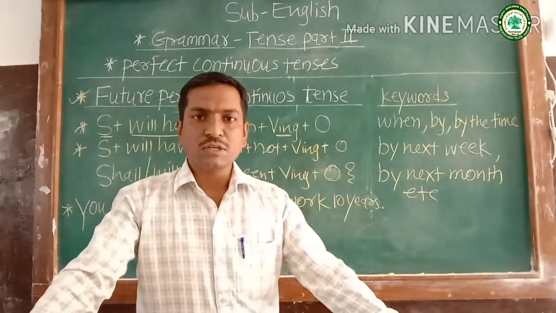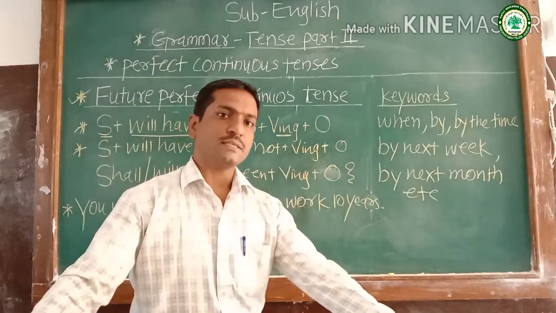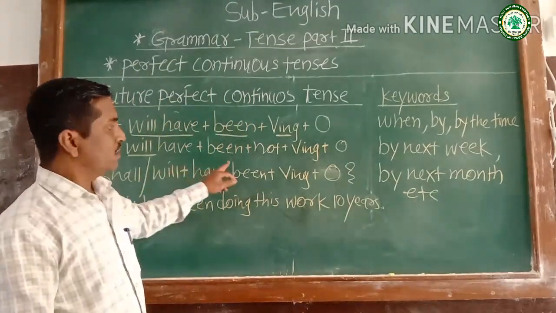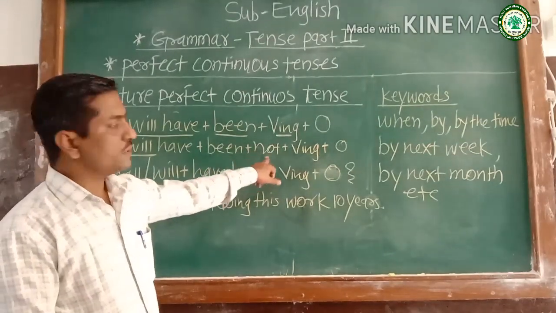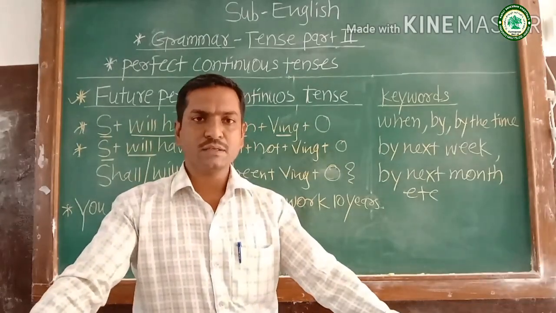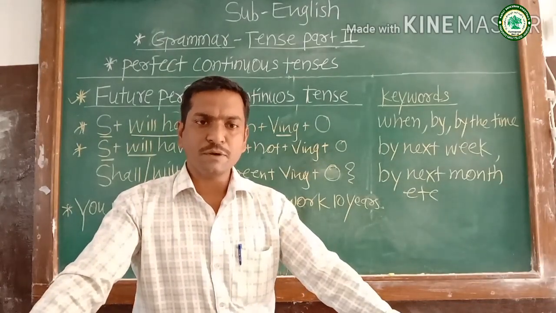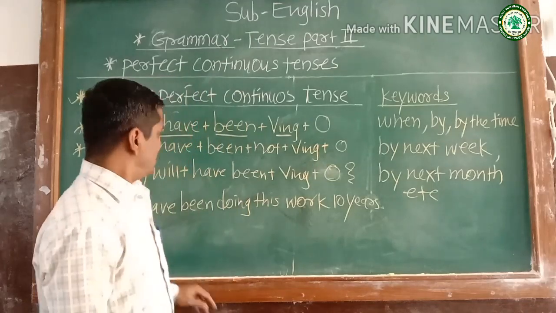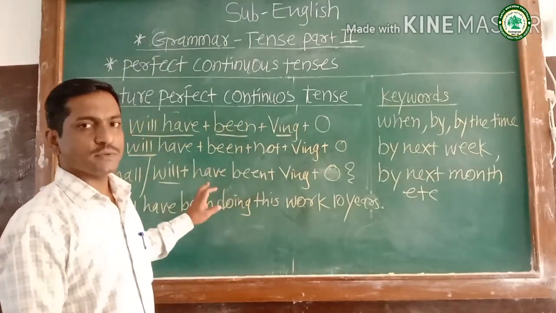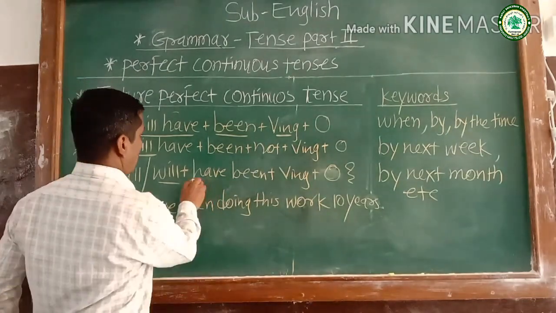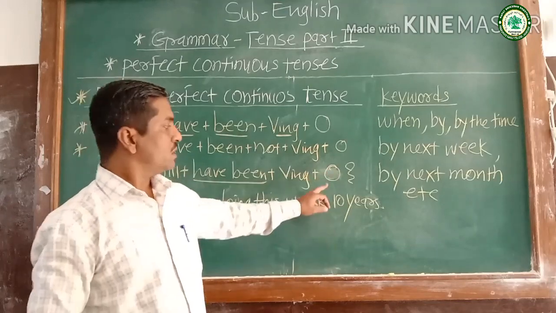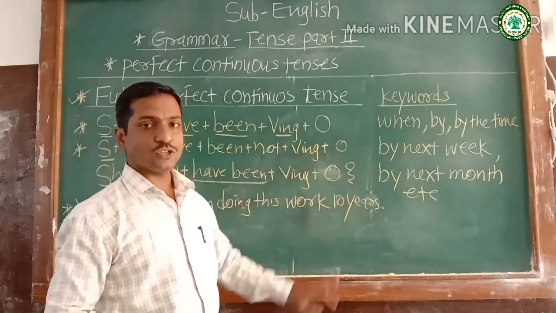Now the negative structure of future perfect continuous tense is subject will have not been plus verb-ing plus object. Now the question structure of future perfect continuous tense: we use shall and will at the beginning of a sentence, then we use have been, then verb-ing, then the remaining words of the sentence and question mark.